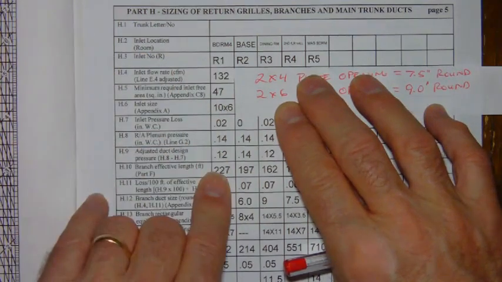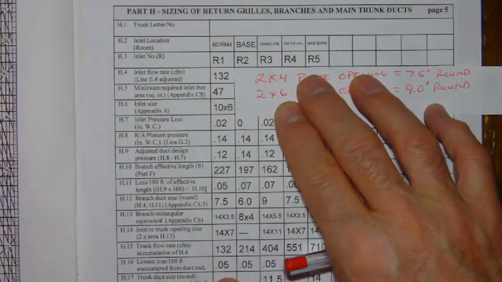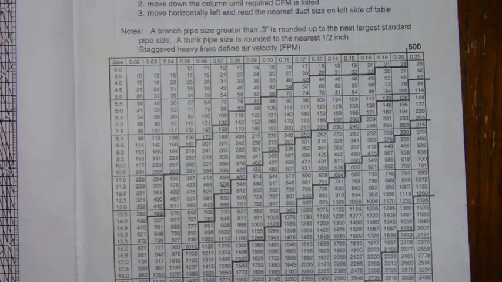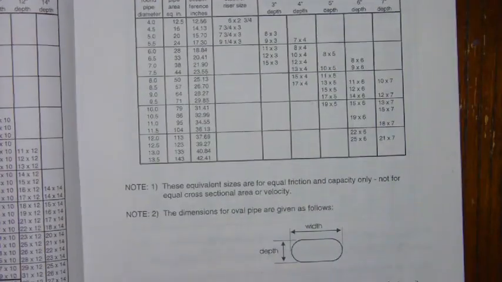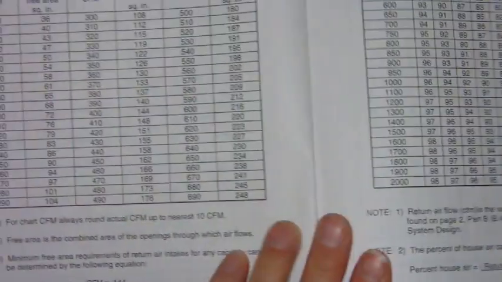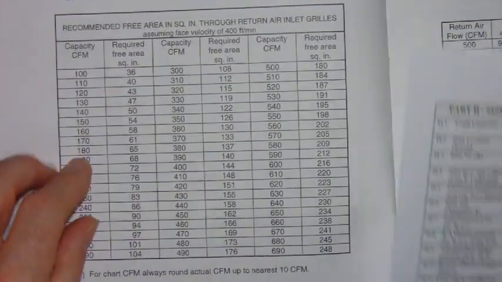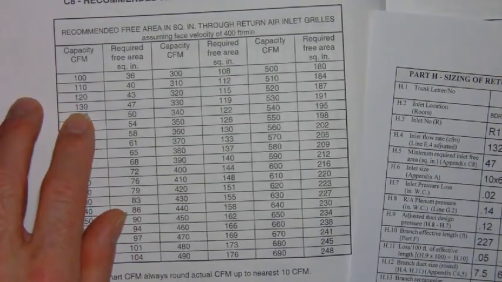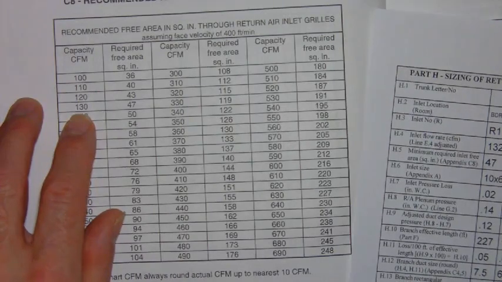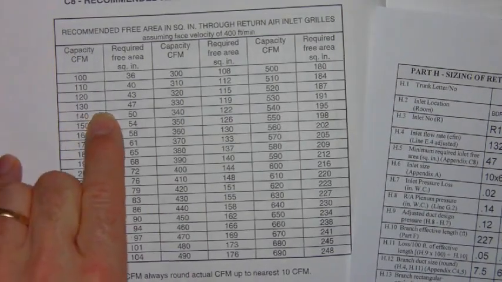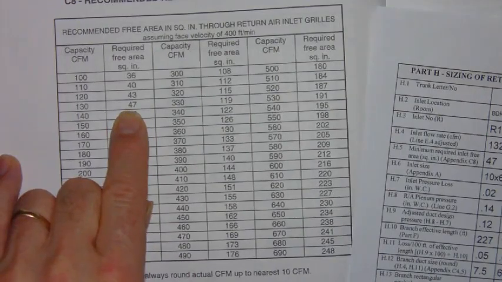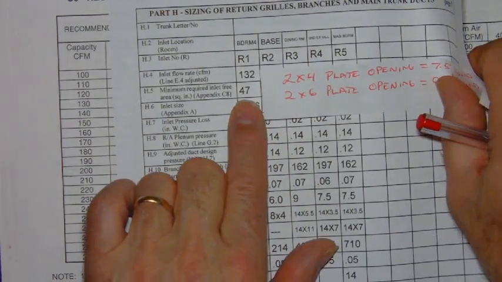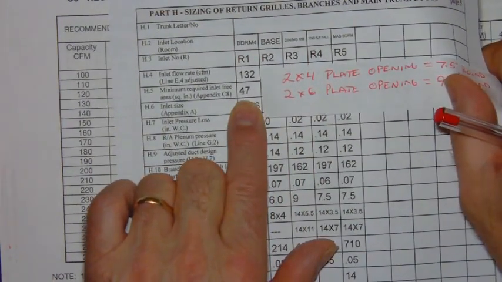Because we've got a grill, we want to find out what the minimum free area of the grill is going to be. So you go to table C8 and we look for 132 CFM. In this case, you can use the normal rounding. So 132 rounds down to 130, which means that we need a grill that has a free area of 47 square inches. So 47 square inches can be put into our worksheet right here.